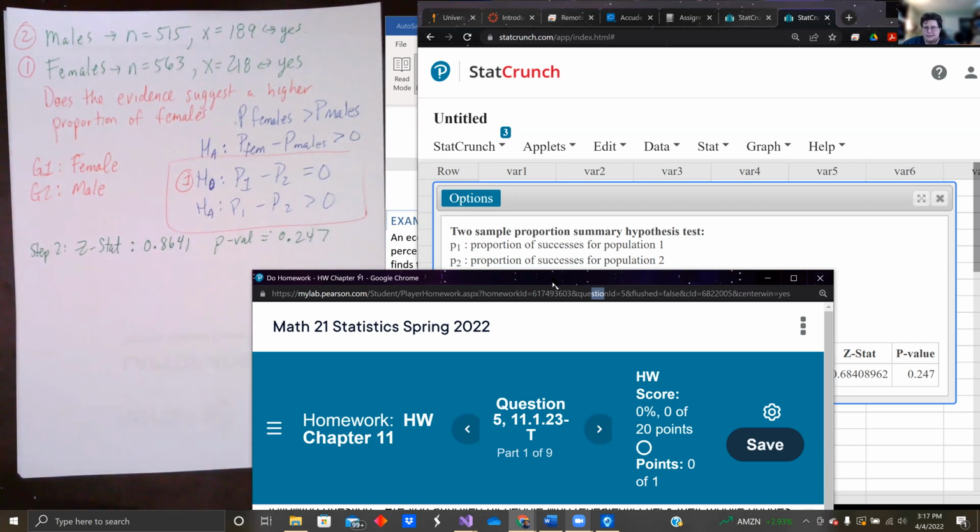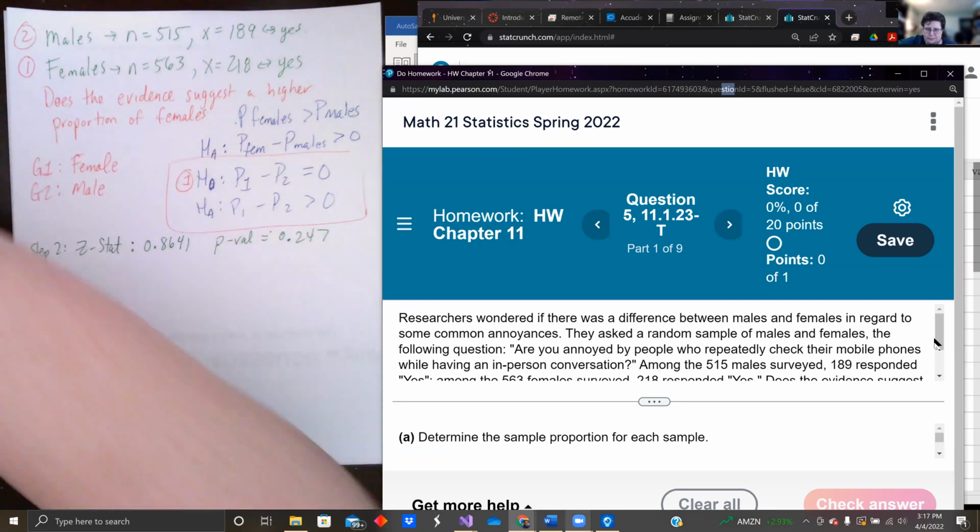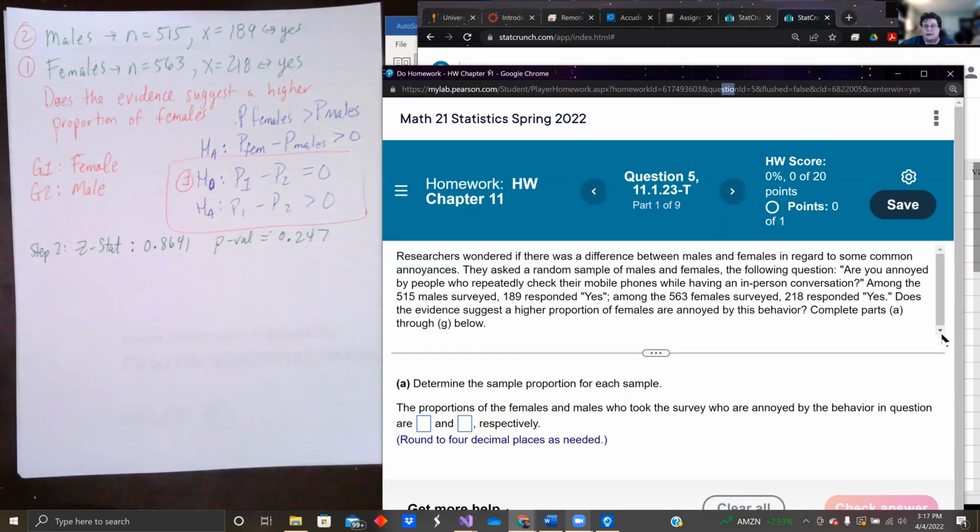I don't think I need StatCrunch anymore, but I'll leave it up. Put that back down, smaller size. I want to read the questions, so maybe I'll shrink that down a little bit more. There you go. Determine the sample. Oh shoot, I should have read the instructions.